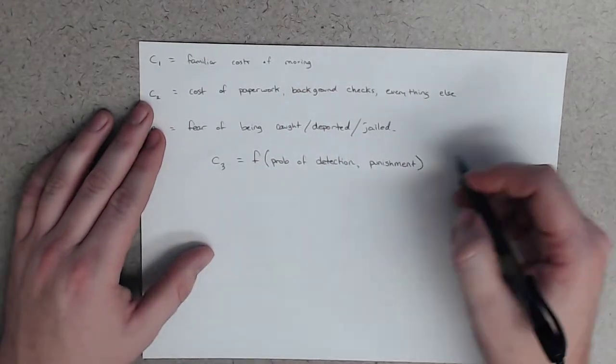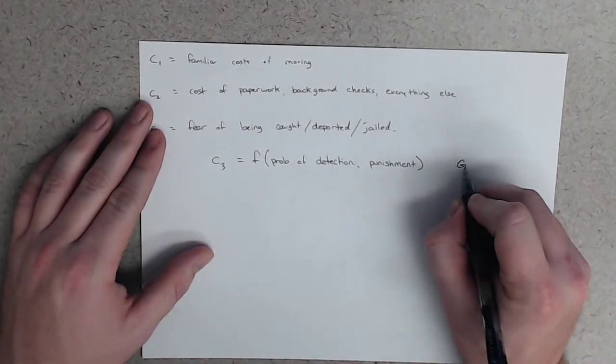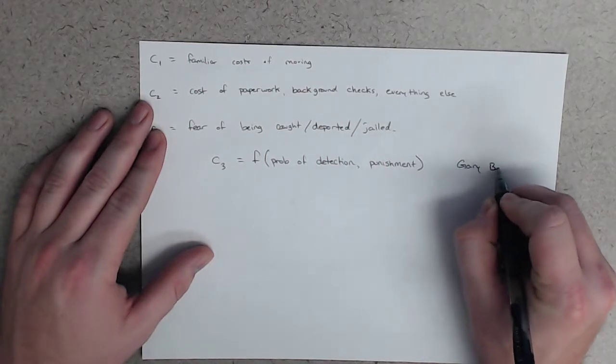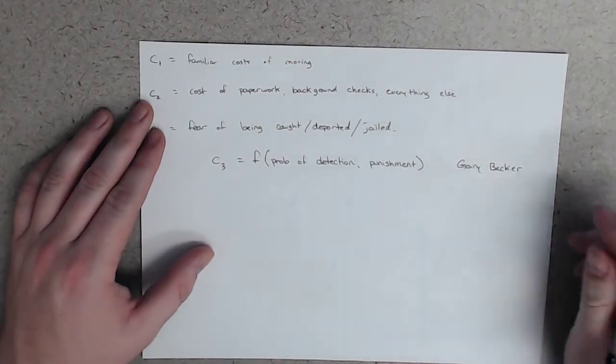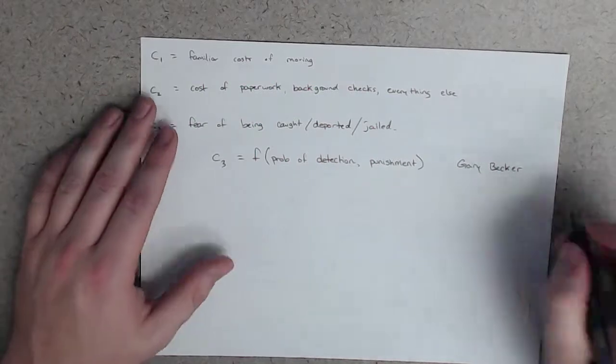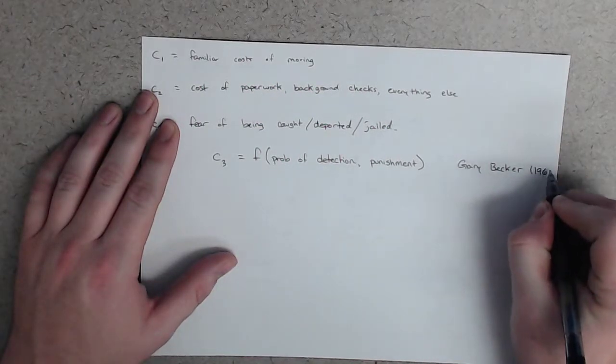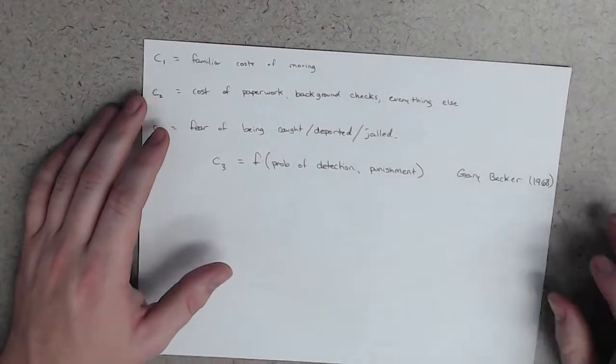And this sort of idea comes from a guy named Gary Becker, who wrote a great paper in 1968 on the economics of crime.